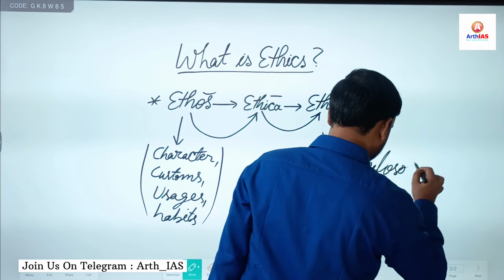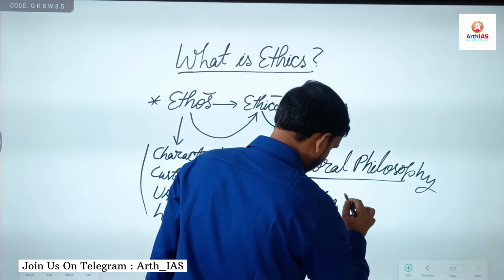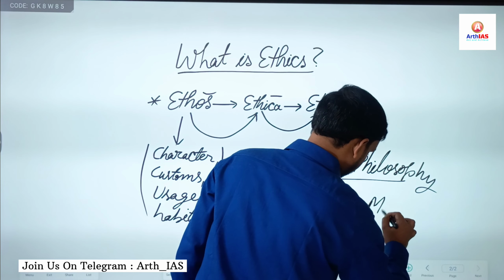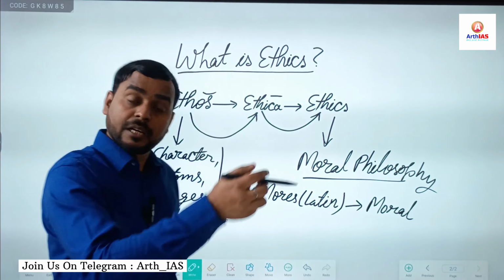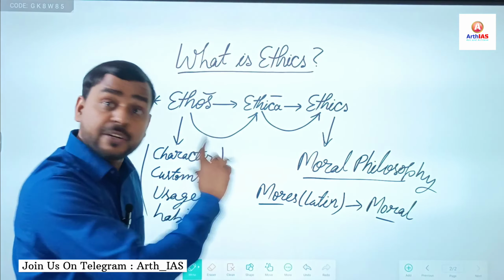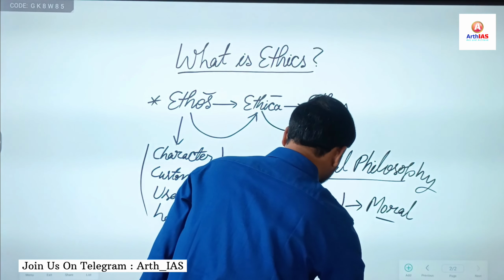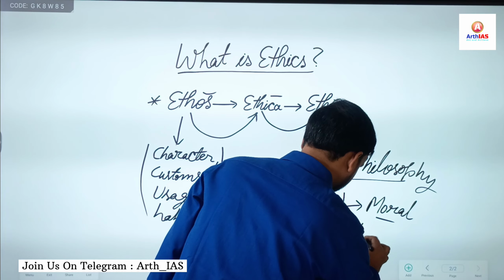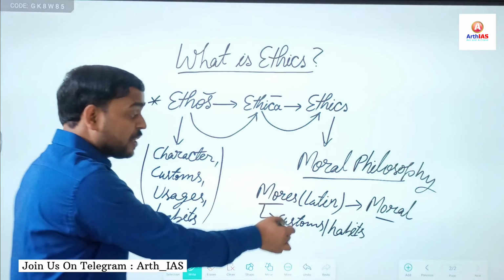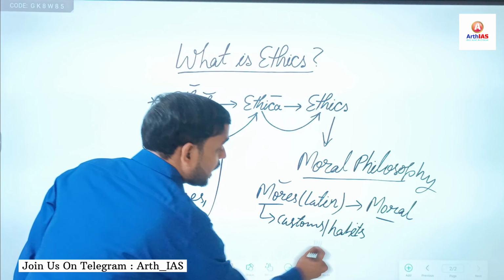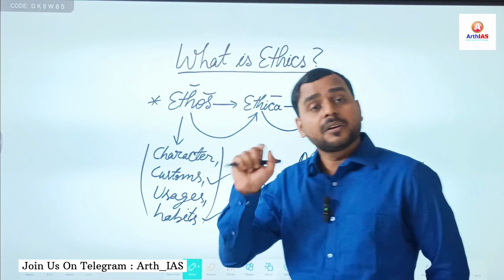See, the word moral comes from the Latin word mors, and it also means customs or habits. So, literally, you can see that the meaning of ethos and mors are the same, customs or habits. This was all about the origin of the word ethics and moral.